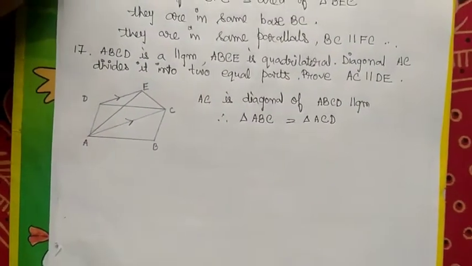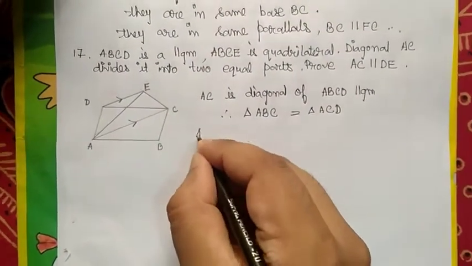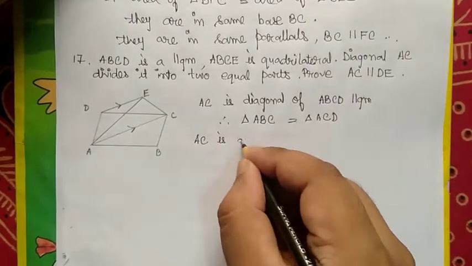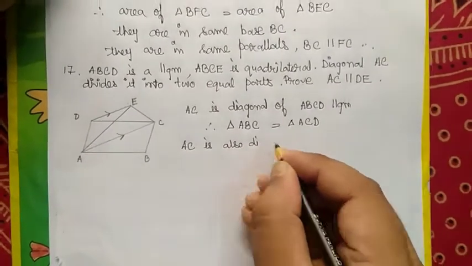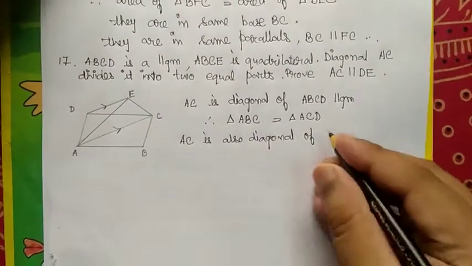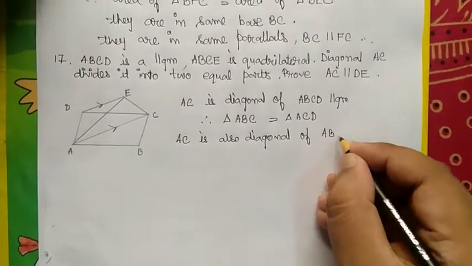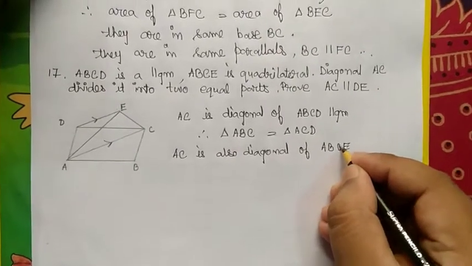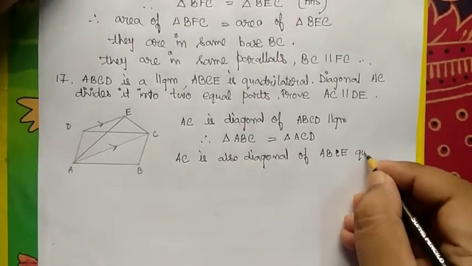Now in the question it is given that AC is also the diagonal of ABCE quadrilateral.